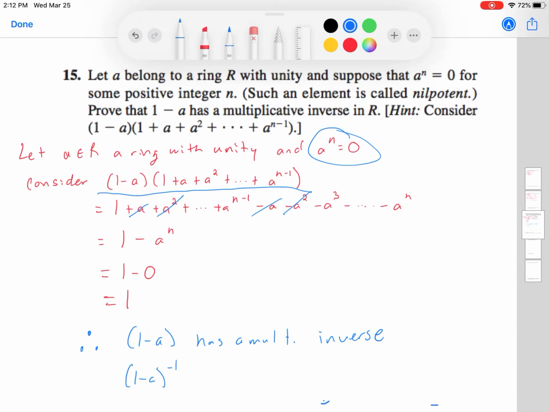And its multiplicative inverse is, so we'd say that 1 minus a inverse is equal to 1 plus a squared plus up to a to the n minus 1.